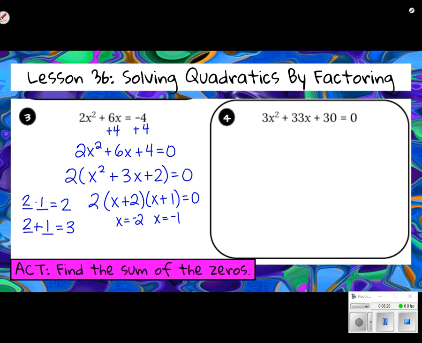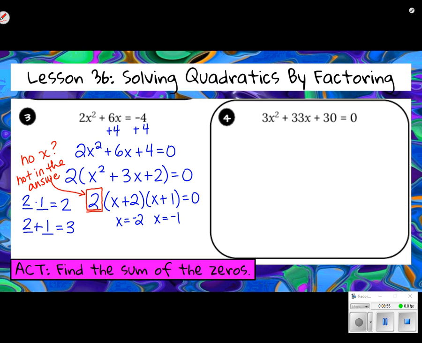Now, some of you might be like, well, what happened with this? The greatest common factor is a part of your factoring answer. But the only time that the greatest common factor contributes to a 0 is if they have an x. So do you see how this 2 has no x? It is not involved in the answer.